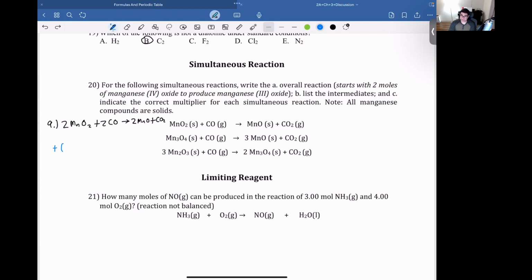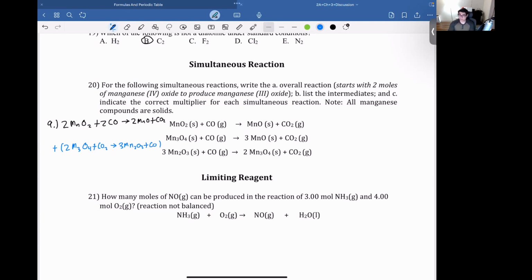So if I reverse this reaction, I'm just going to switch the product side things: 2 Mn3O4 plus CO2 yields 3 Mn2O3 plus CO.